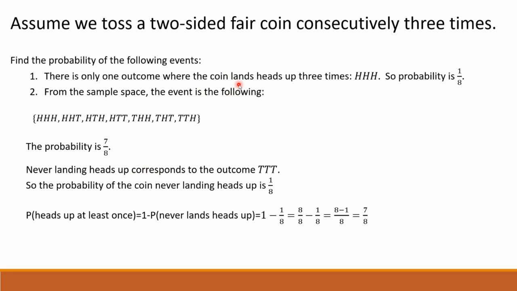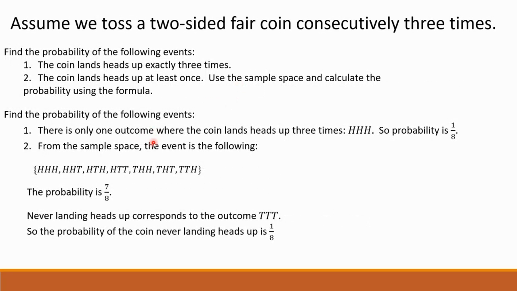The coin landing heads up at least once, right? What we could do is determine when that never happens. So when the coin never lands heads up. And when does that occur? When each time the coin lands tails up. The coin lands tails up all 3 times, as you can see.